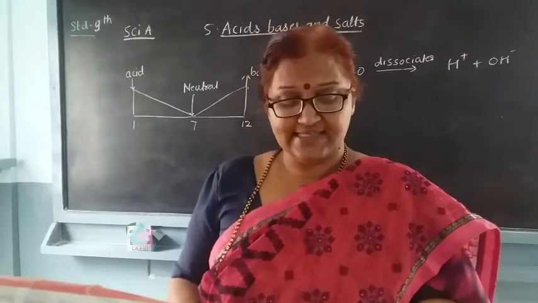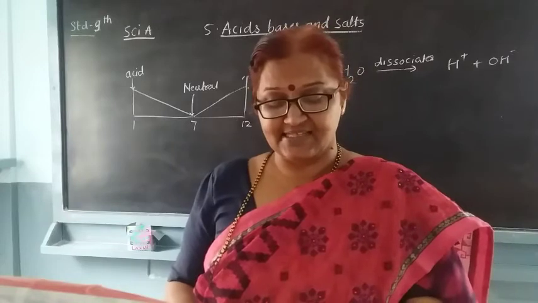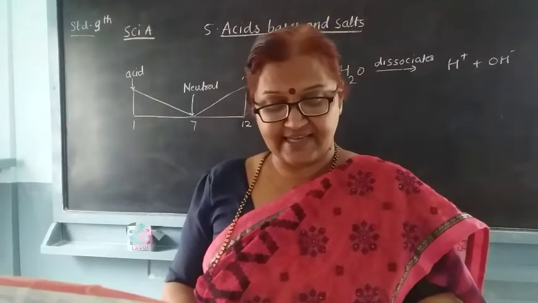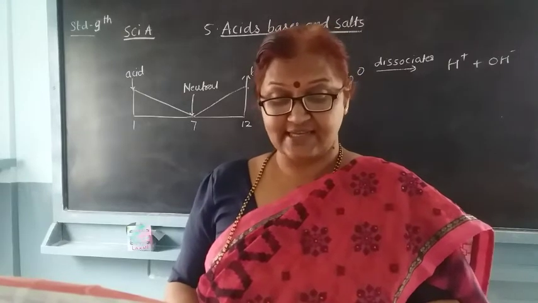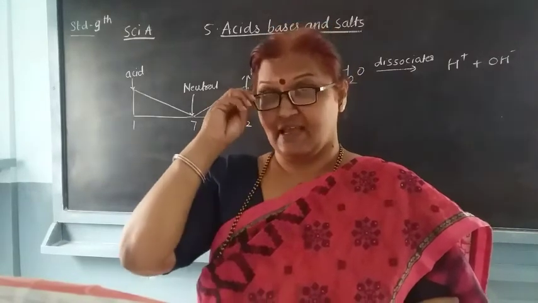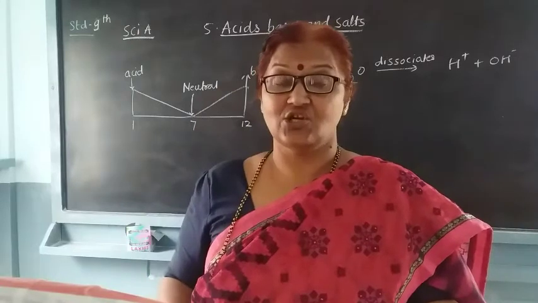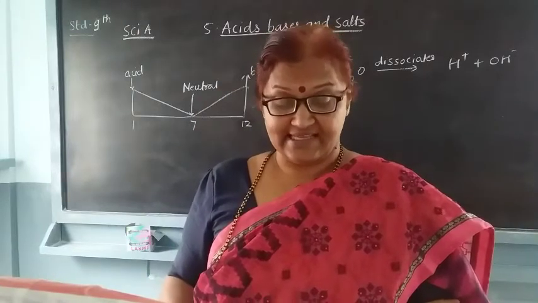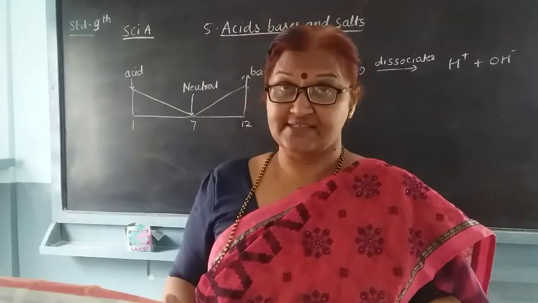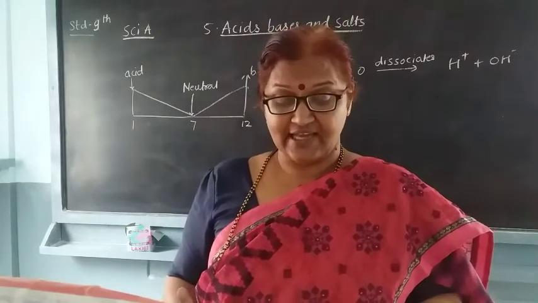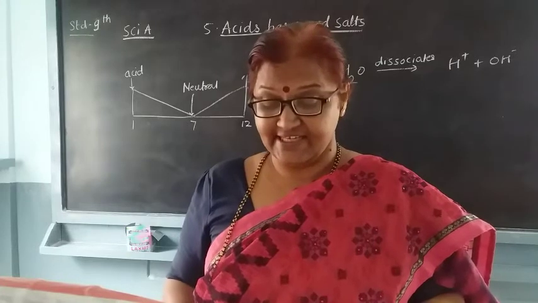We know that some natural and synthetic dyes show two different colors in an acidic and a basic solution. Whenever you put these natural or synthetic dyes in an acid or base solution, they show different colors. So they are used as acid-base indicators.